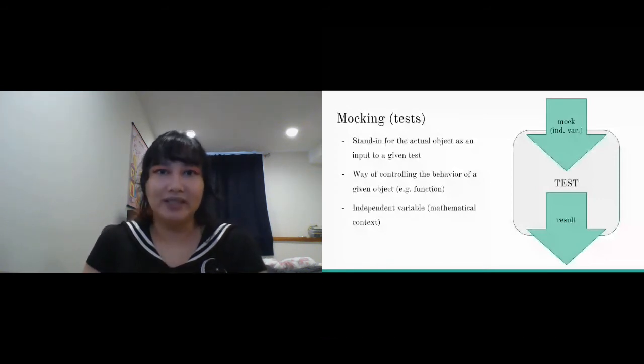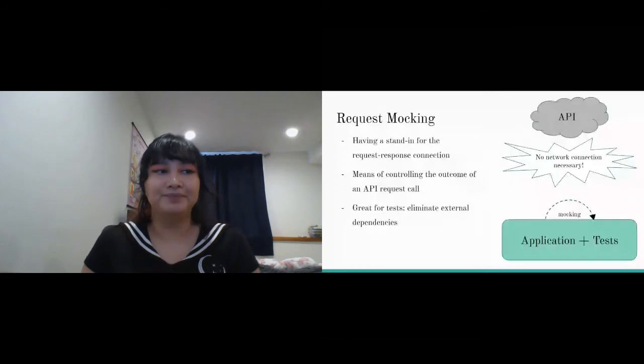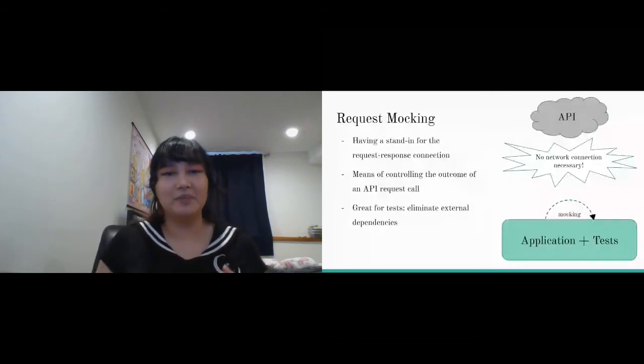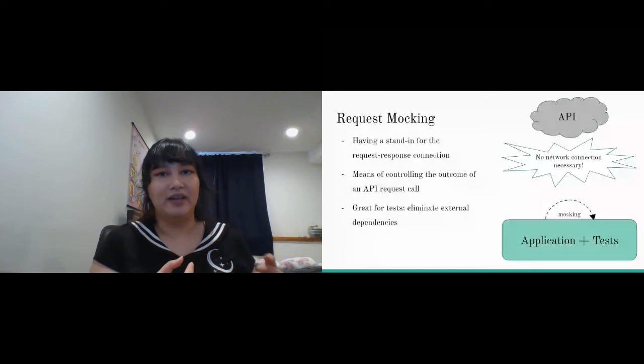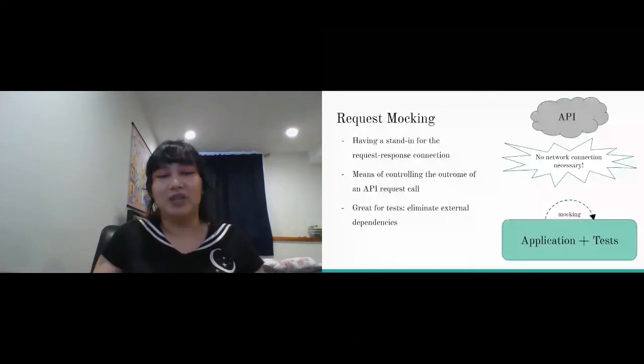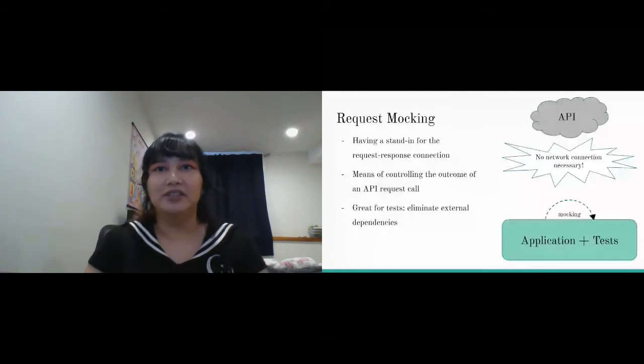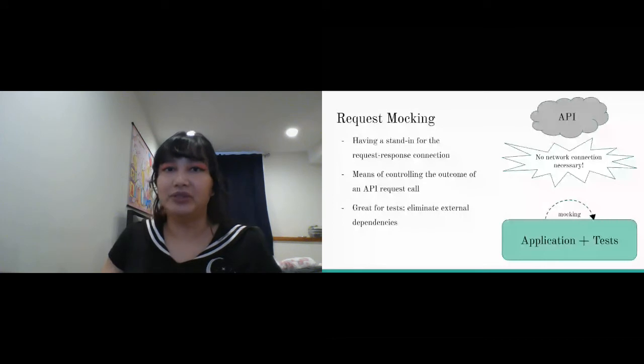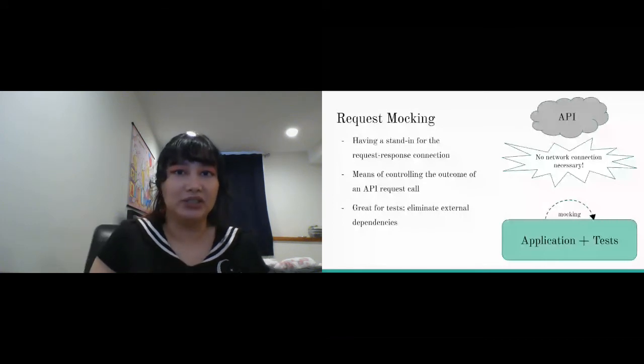So request mocking. This is the first step that we're going to do. We're going to basically mock the API request, mocking sort of the internet, so to speak. We're mocking the network connection. So it's basically like having a stand-in for the request and response connection.